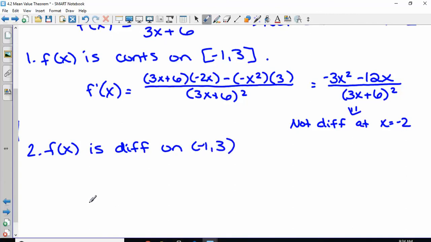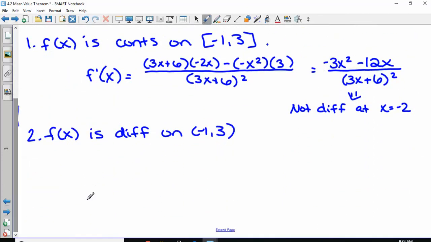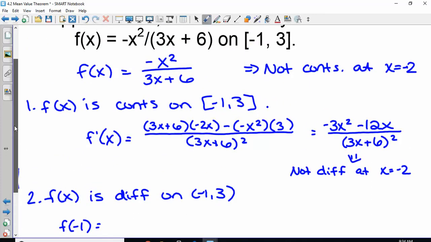So then we can do the mean value theorem, which tells us this derivative that we just calculated has to equal the slope between the endpoints. So we were looking at -1 to 3. So if you put a -1 into the original, the opposite of -1 squared, so -1, -3 plus 6, we get a -1/3.